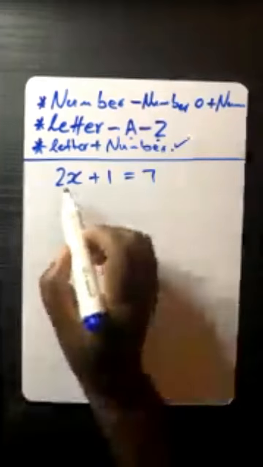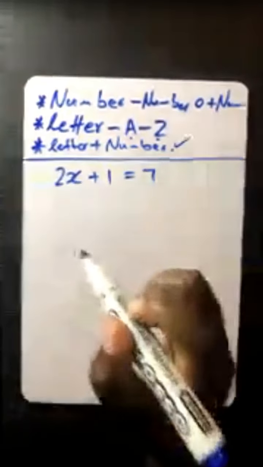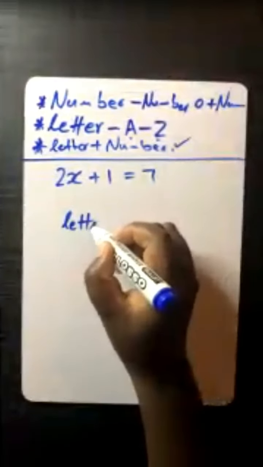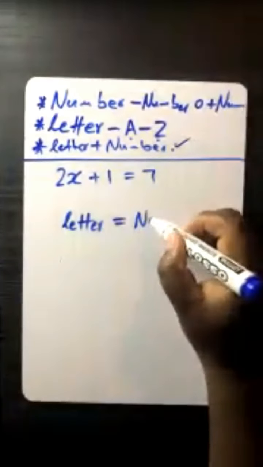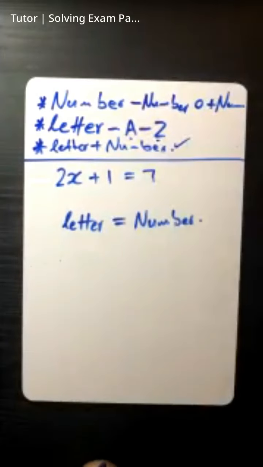So this given problem, Shreyas, when you solve, this is what you want to do. You want to have the letters on the left of the equal sign and have the numbers on the right side of the equal sign.